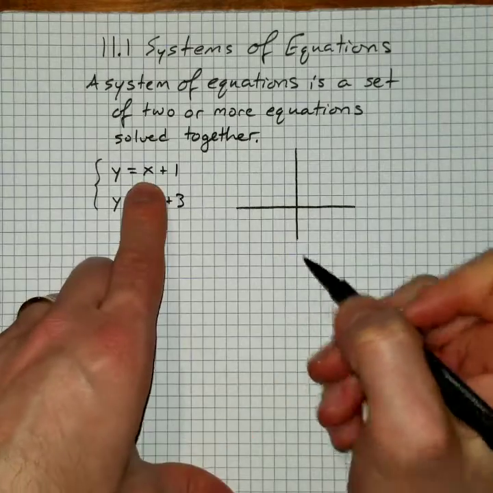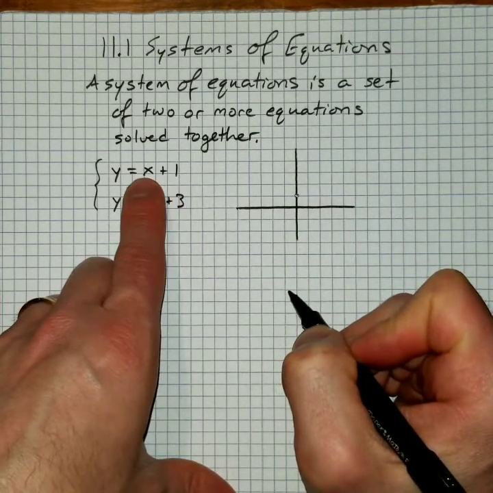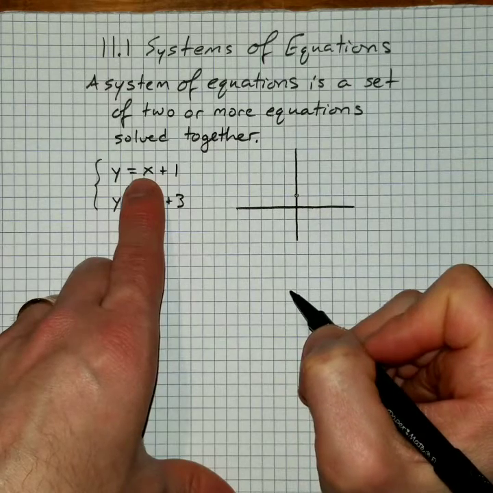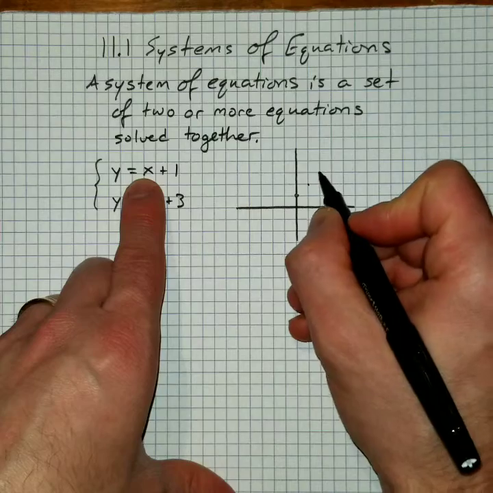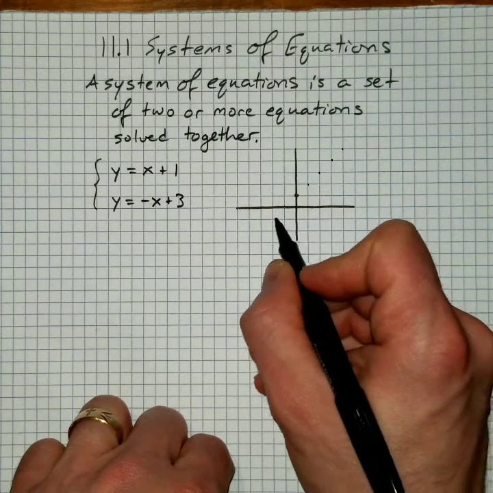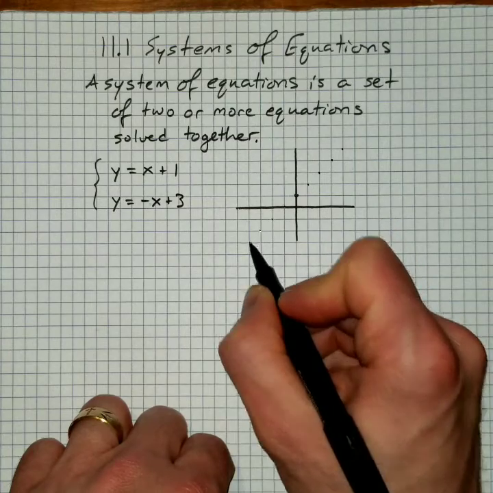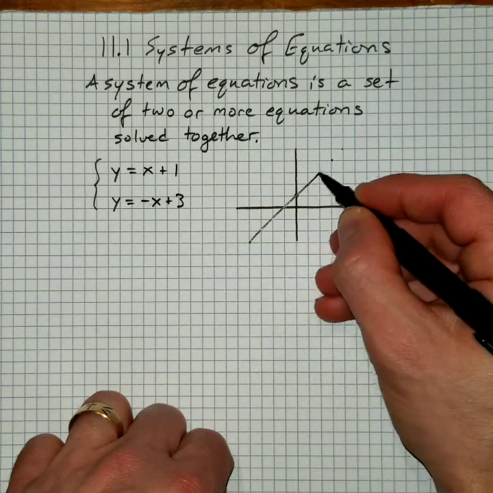If I were to plot the graph just very quickly, the first equation here has a y-intercept at 1 and a slope. This is 1x, so the slope is 1 over 1. So go up 1 over 1 and continue that pattern on. And we can go down 1, left 1, and continue that pattern on and get a pretty quick graph here.